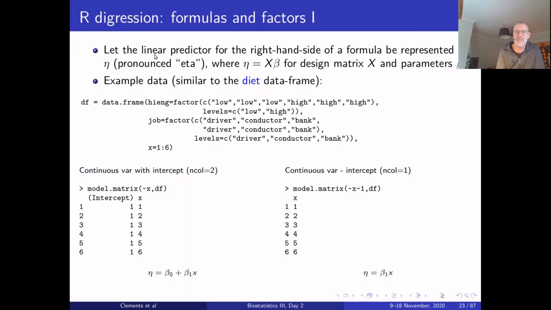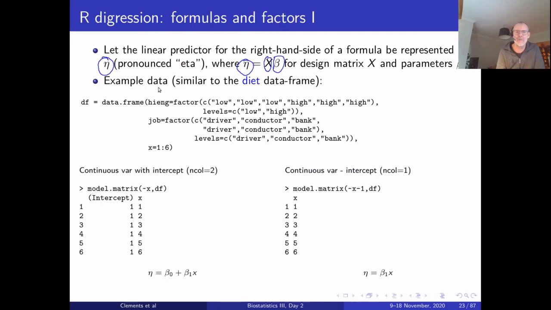So what we do is let the linear predictor for the right-hand side of a formula be represented by eta, where eta is equal to some design matrix and a bunch of parameters. And this should become obvious from the examples.